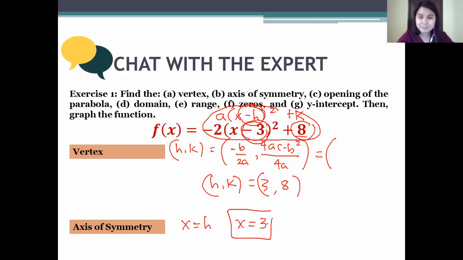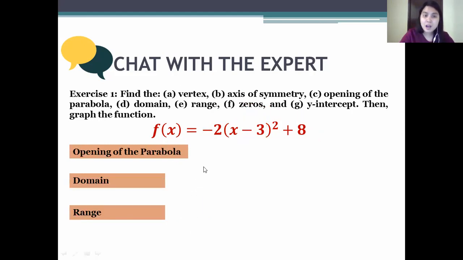The next one. What's the value of our a? Can you tell me in the chat box? What's the value of our a? Negative 2. So our a is a negative number.